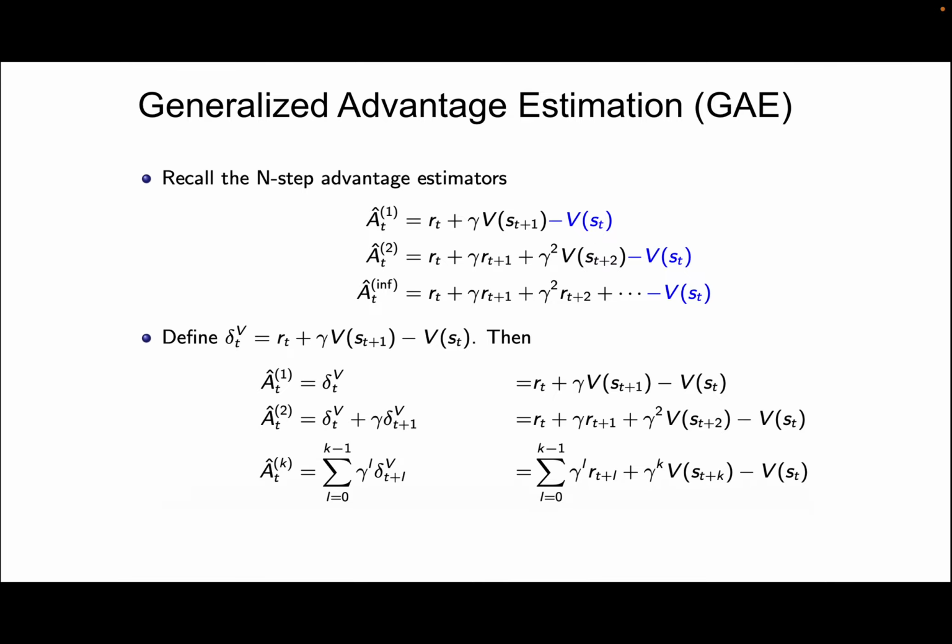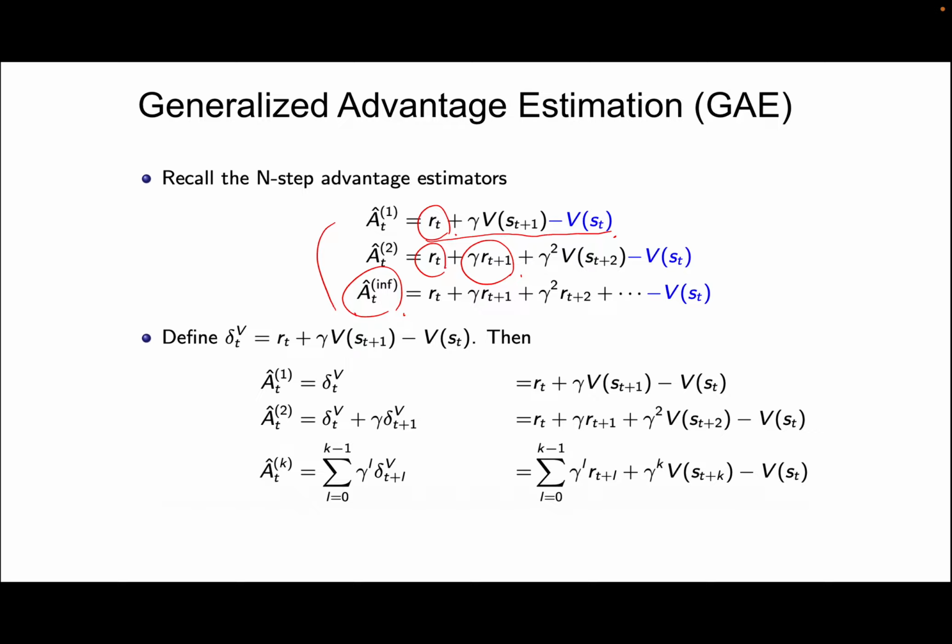And we learned the n-step advantage estimator, right? For example, if n equals 1, we only use the true reward once, and the remaining terms come from the model's output. If n equals 2, we use the true reward twice, and the remaining terms are the model's output. If we set n equals infinity, then theoretically all rewards are true rewards.